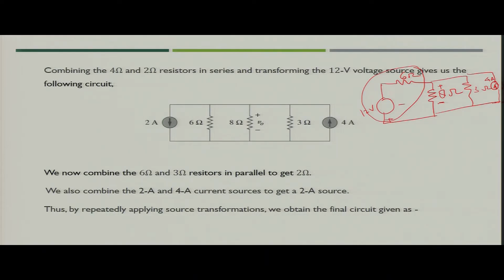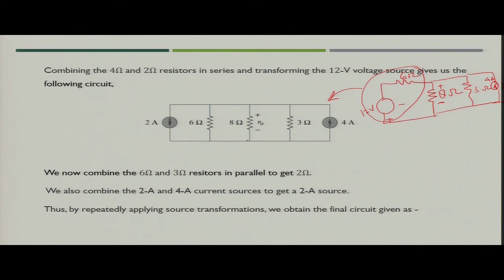That is, if you see a voltage in series with 6 ohm resistance, its equivalent current would be 2 ampere, and then there will be a resistance in parallel, that will be 6 ohm resistance. So, now you have got the updated circuit from this.